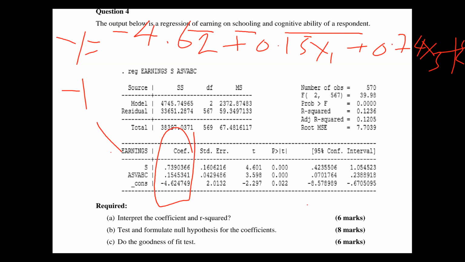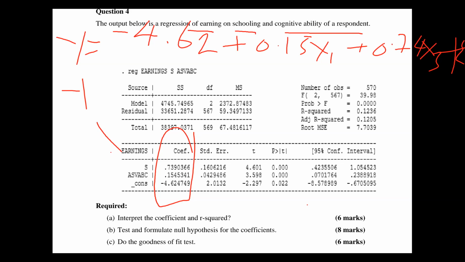In this case, earnings on schooling and the cognitive ability, the constant amount is at minus 4.62. Okay, thank you very much.